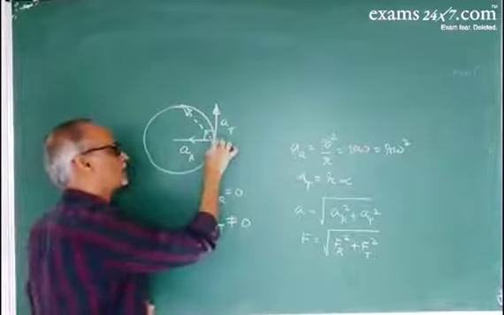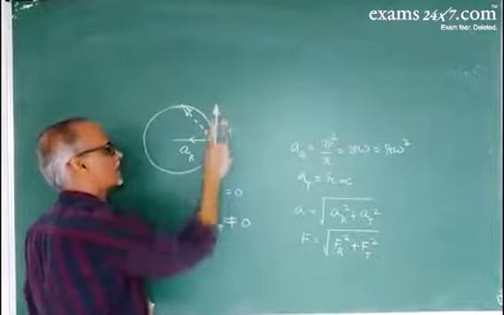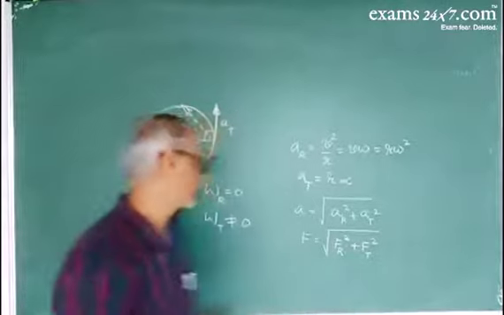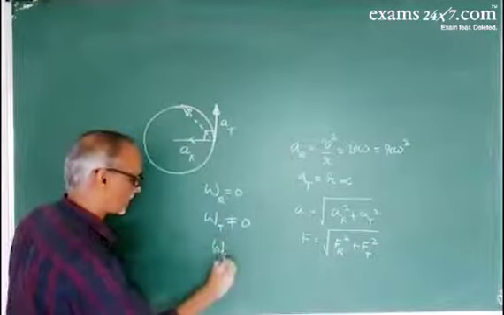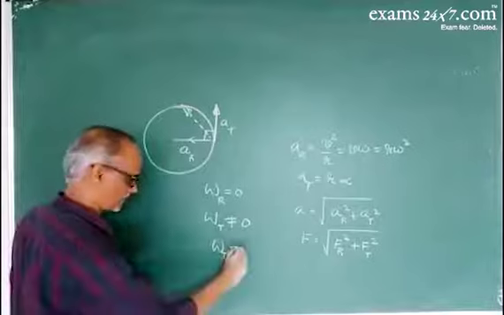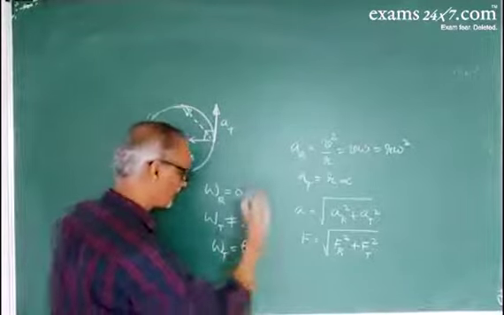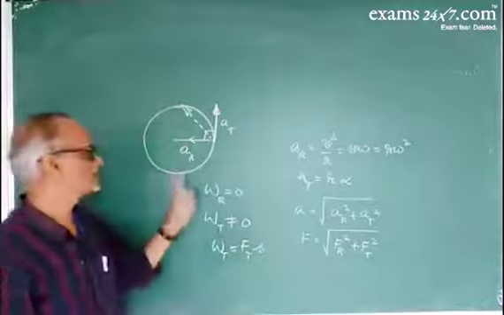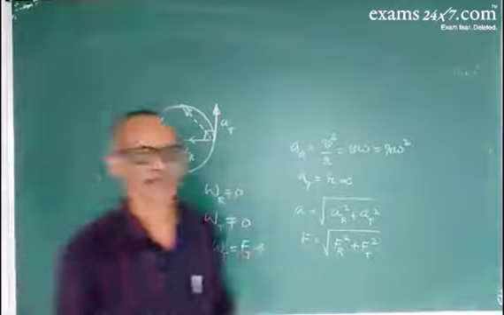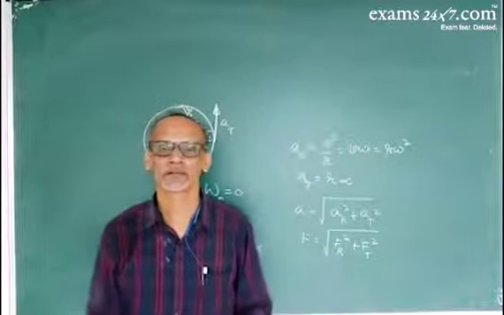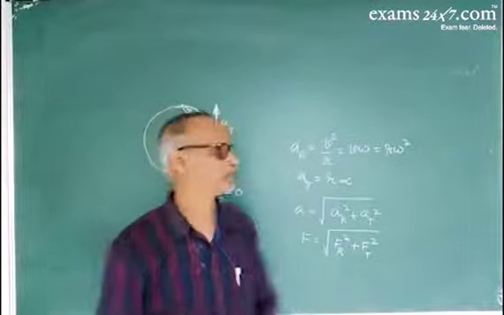Because the tangential force and the displacement are along the same direction, so the angle between the two is 0 degrees. So the work done by the tangential force is given by the tangential force times the displacement. So this is the equation to be used when the circular motion is non-uniform.